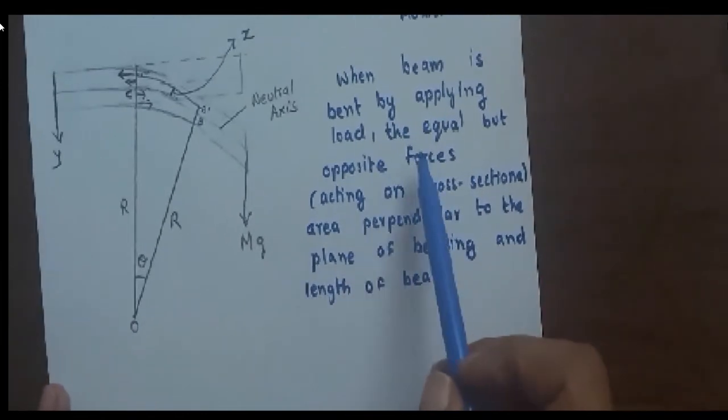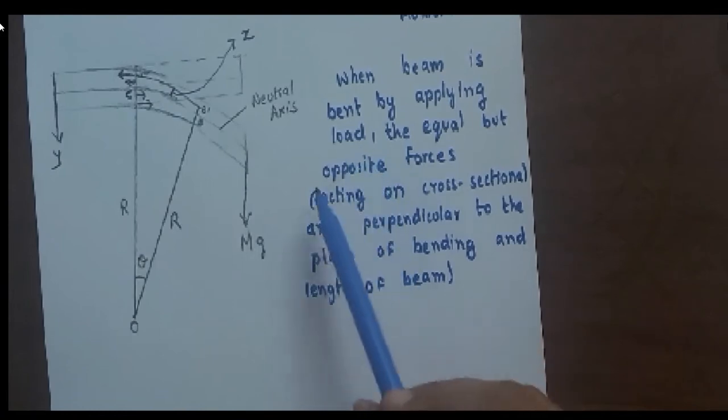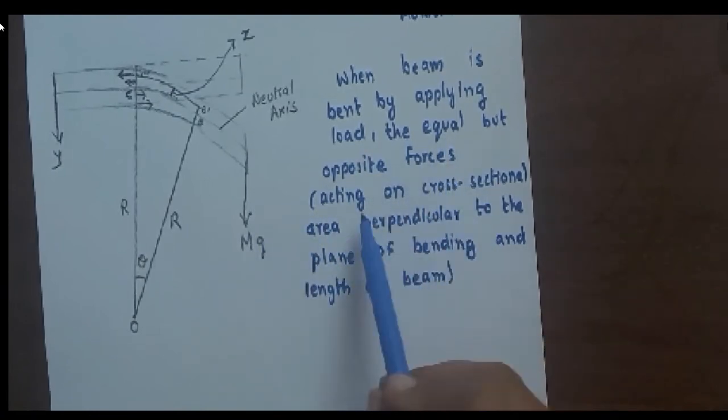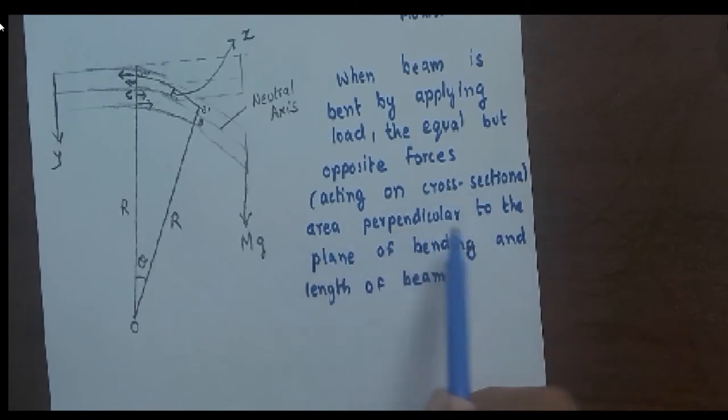When the beam is bent by means of application of the load mg, equal and opposite forces get developed acting on the cross-sectional area perpendicular to the plane of bending and length of the beam.